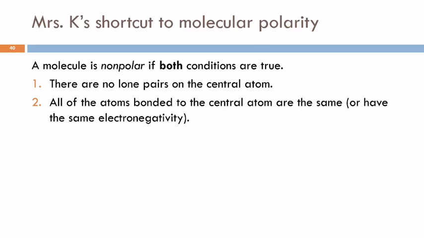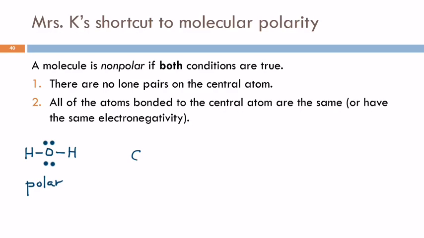So if we look at water, okay, we already looked at water and we decided that it was polar, right? Well, there's the Lewis structure. Are there lone pairs on the central atom? Yes, there are. Condition 1 is not true. This is a polar molecule.